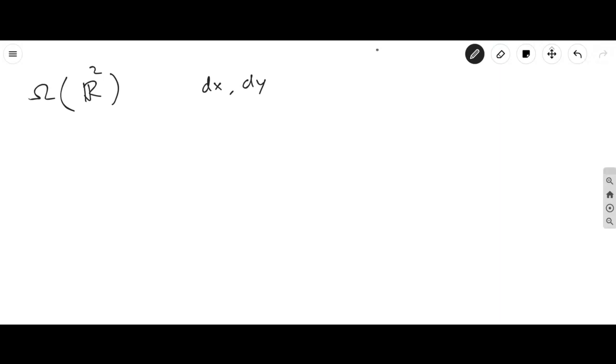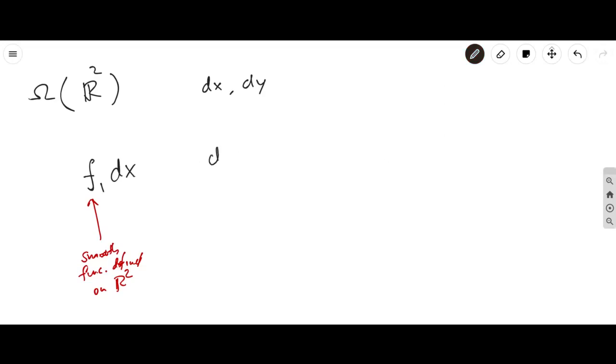Does not matter what you call them. And then an example of an element will go something like this. You would have, let's say, dx, and then you have a smooth function, maybe you call that f1. And this f1, this coefficient, is a smooth function defined on R2.